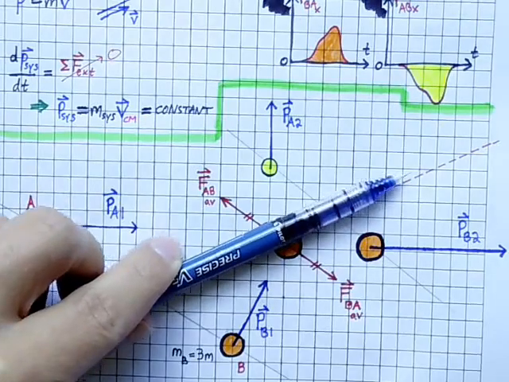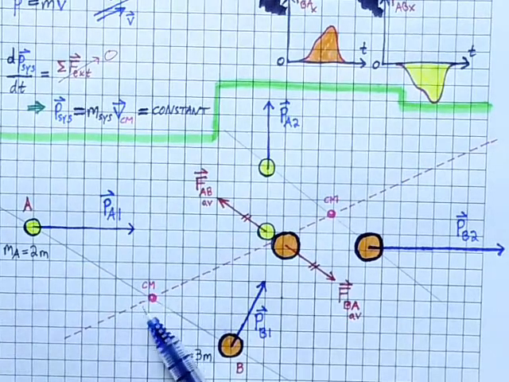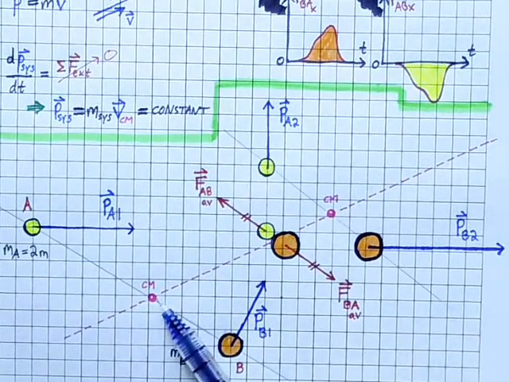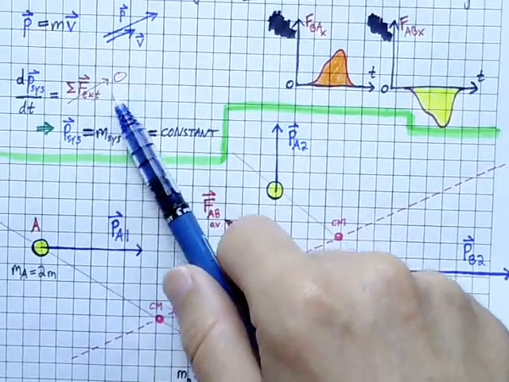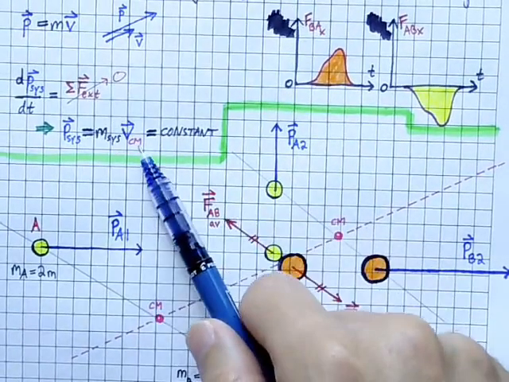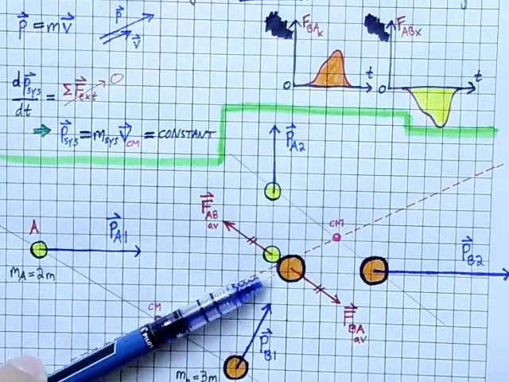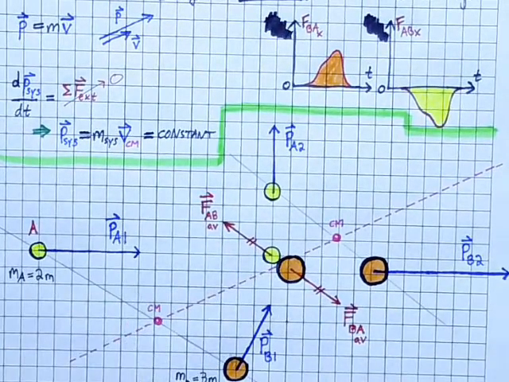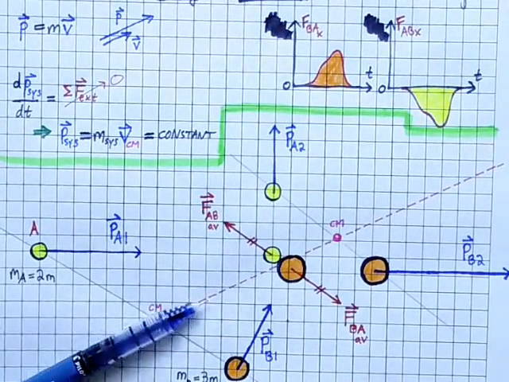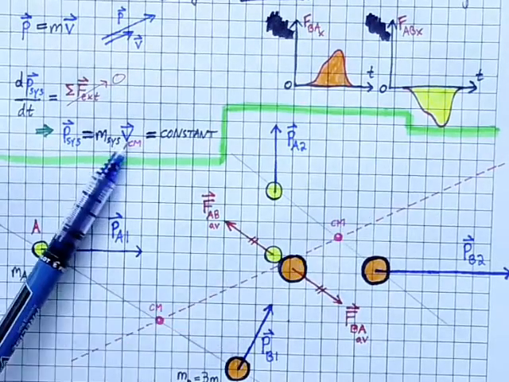No matter what A and B are doing, that center of mass continues to move with a constant velocity. Kind of like Newton's first law. If there is no external force, then the center of mass cannot accelerate. It continues to move at a constant velocity throughout this whole story along that pink dotted line that I've shown in. So that's the trajectory of our imaginary point, the center of mass, moving with this constant velocity.